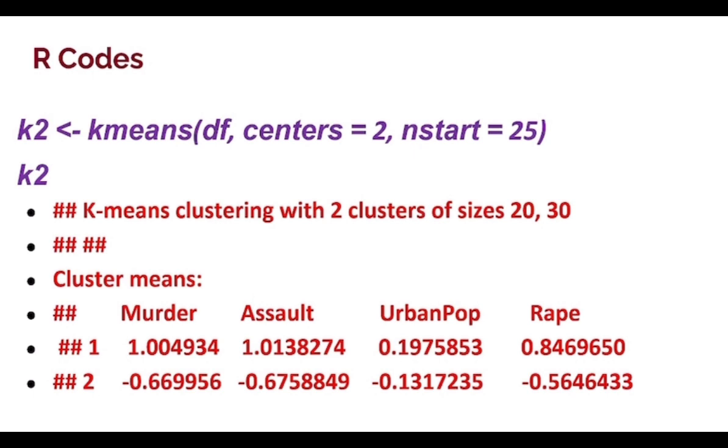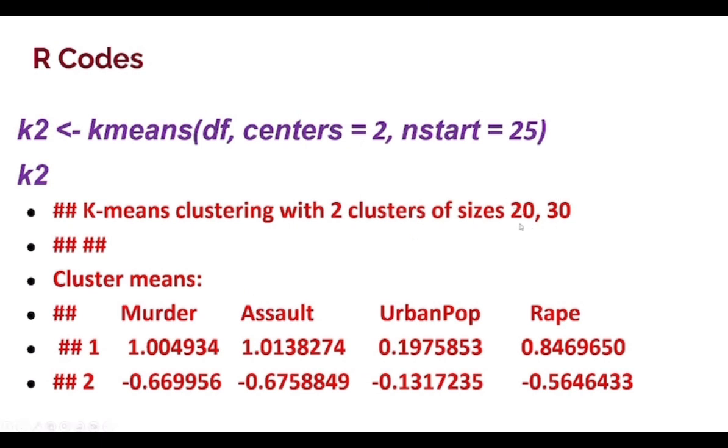Now if I click on K2, it's going to run, and automatically I'm going to have two clusters. It has grouped all the states in the United States into two clusters. If you really want to know, the number of states in cluster 1 is 20 and in cluster 2 is 30.